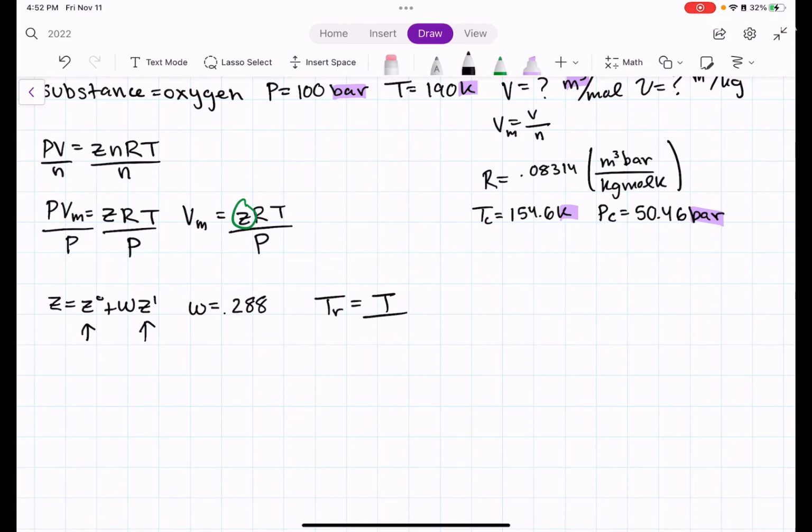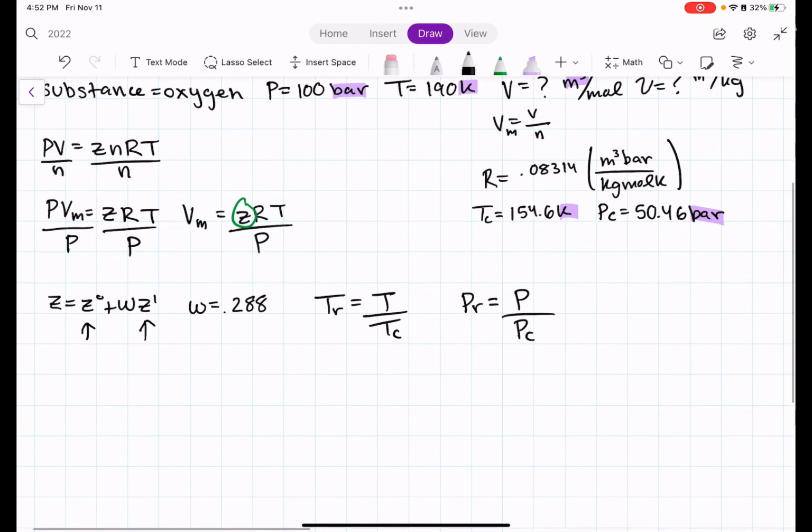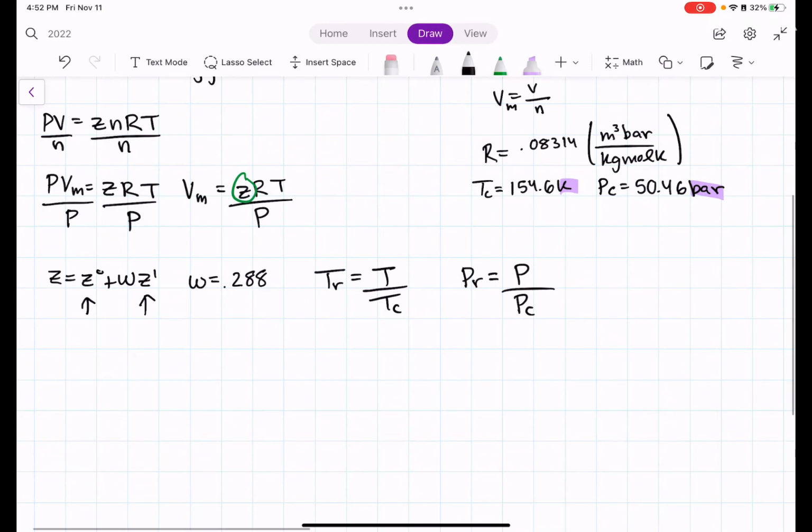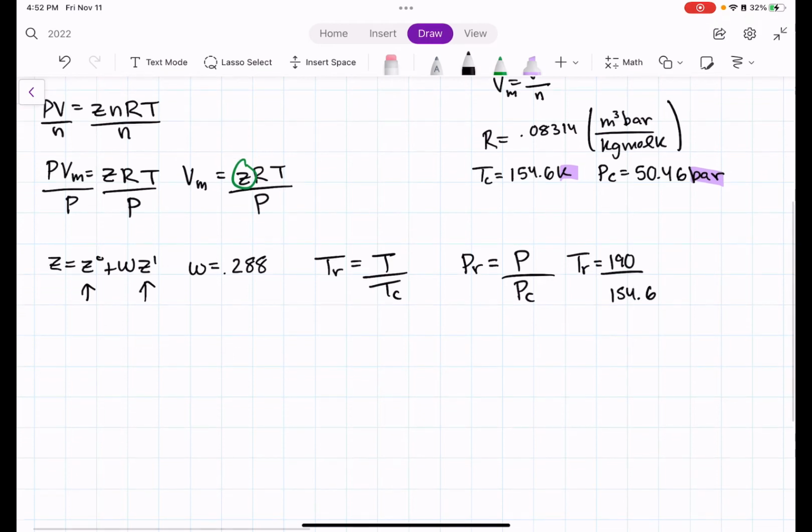My TR is equal to temperature over critical temperature, and my reduced pressure is pressure over critical pressure. So TR is equal to 190 divided by 154.6. When you put that in your calculator, you get that it's equal to 1.2289, which is pretty close to 1.23.